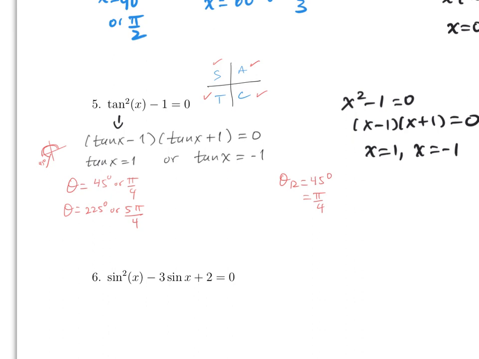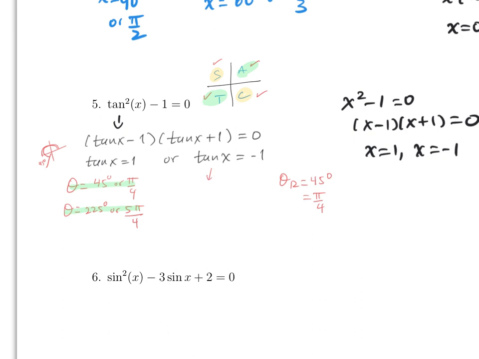Now on the negative side, let me color code this. If it is positive, it will be here and here, which corresponds to this one and this one. And if it is negative, it will be in the second quadrant and in the fourth quadrant.